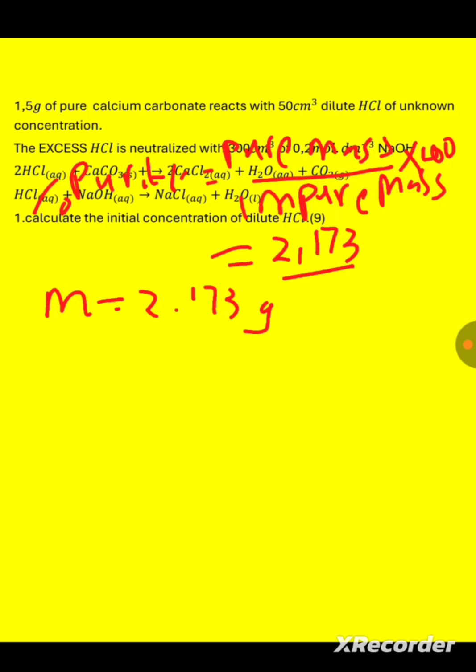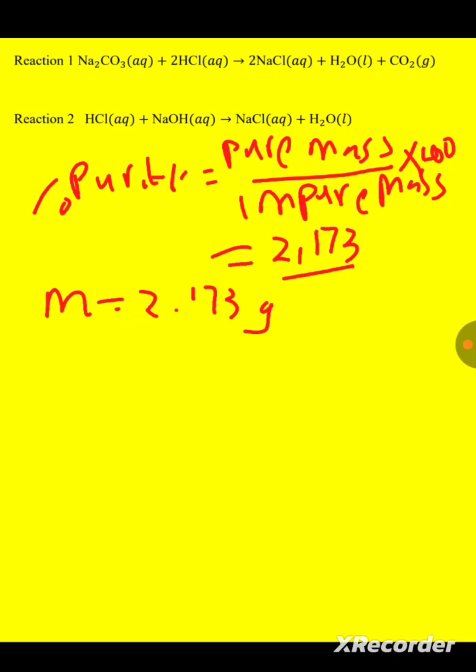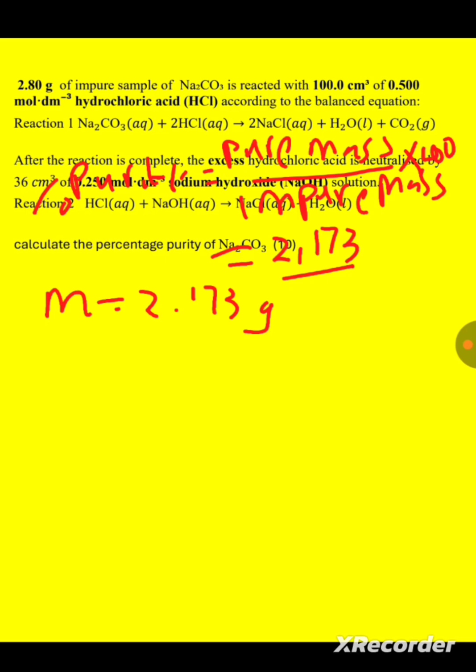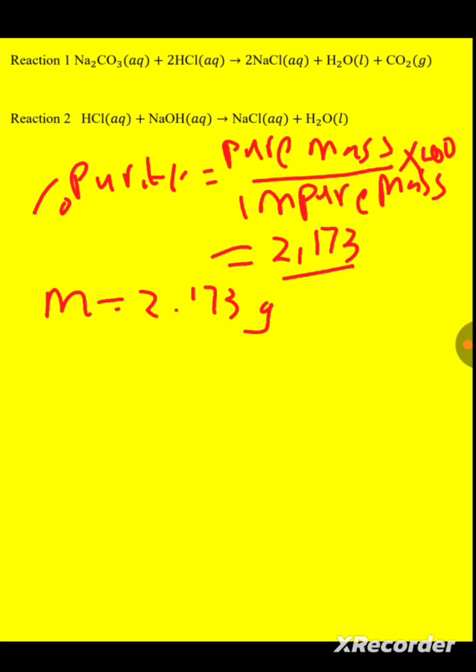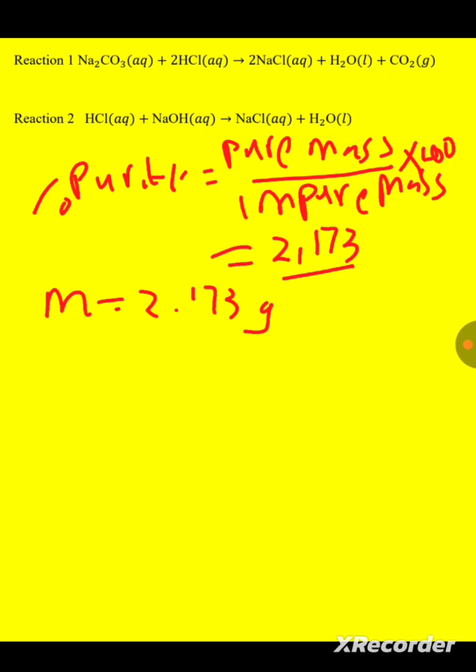Okay, where are we? Okay. The pure mass, so it is 2,8 was the impure mass. Okay, so the impure mass is 2,80 times 10 to the power.